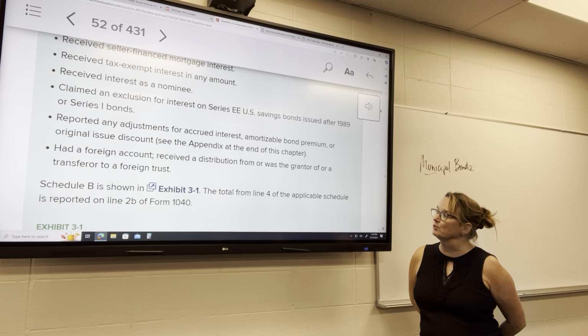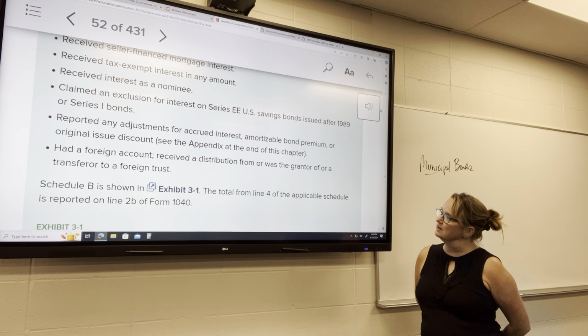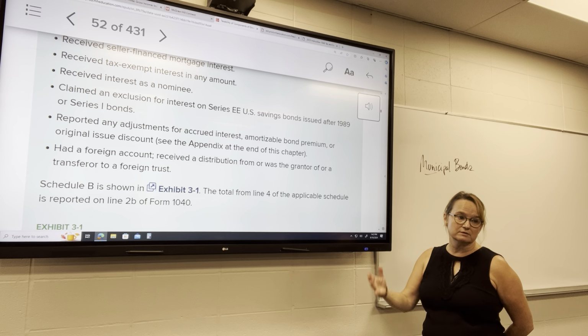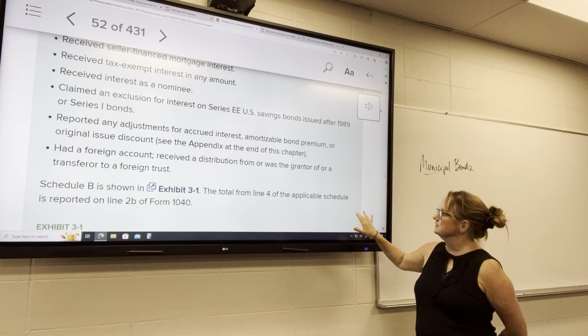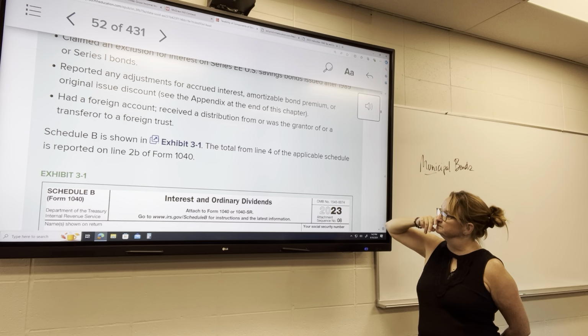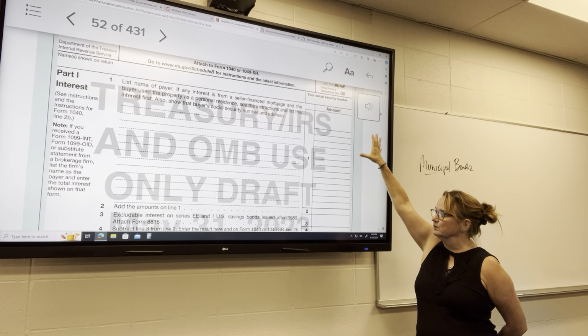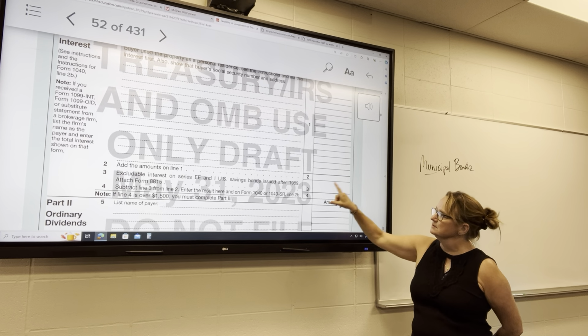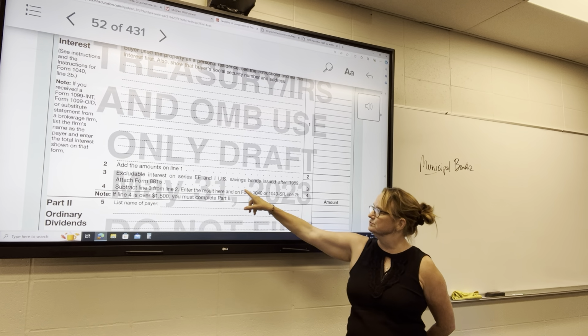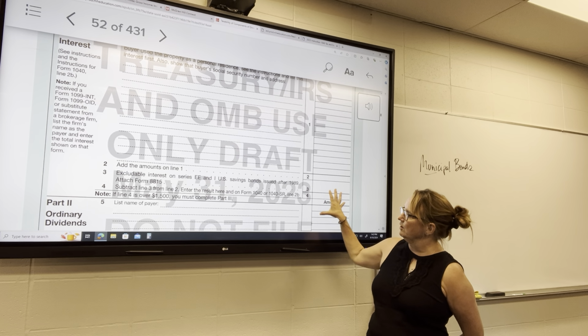If you had a foreign account, received a distribution from, or was the grantor of or transferor to a foreign trust, that goes back to that foreign account question. So everything is listed on there if you meet the requirements. And there's certain excludable interest, but all that's here.